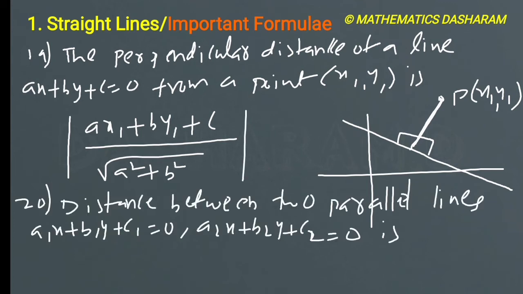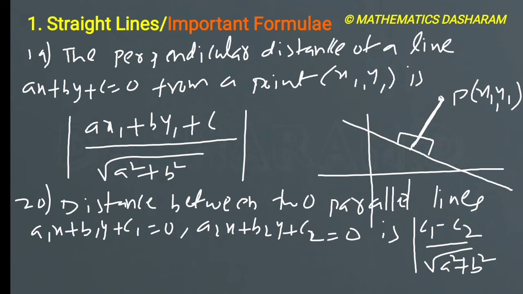So the last formula: the distance between two parallel lines a1x plus b1y plus c1 equals 0 and a2x plus b2y plus c2 equals 0 is mod (c1 minus c2) divided by the square root of (a square plus b square).